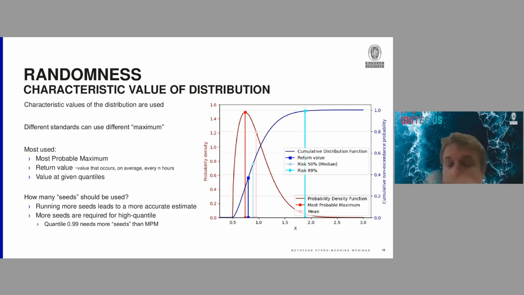But we could characterize the distribution by other values, for instance by the value at a given quantile that you can see on the blue curve, which is the cumulative probability distribution. I will not go into the detail, but it's just to emphasize the randomness of the waves, and then of the load and the response of the floating structures.